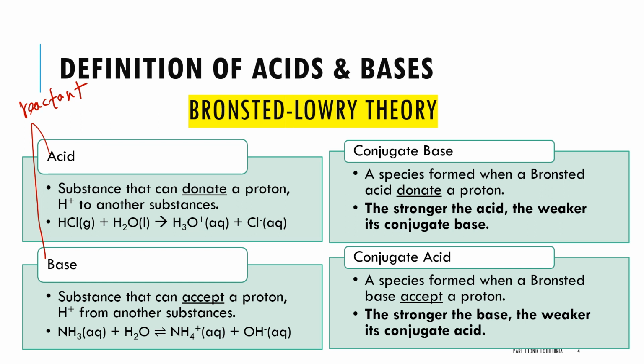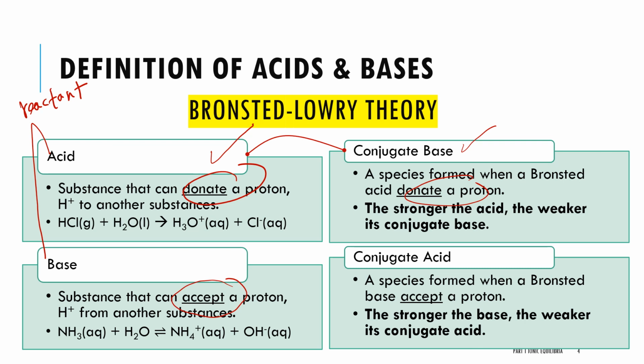Alright, next. So after the acid donates its proton, it will become a product. So product dia tu adalah dikenali sebagai conjugate base, where conjugate base is a species formed when a Bronsted acid donate a proton. So bila acid donate proton, dia punya product dia adalah conjugate base. Dan untuk base pula, base adalah substance that can accept a proton from other substances.